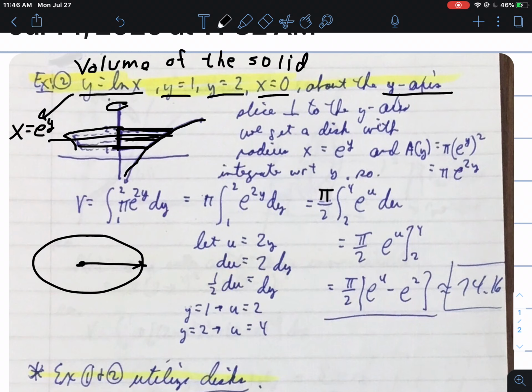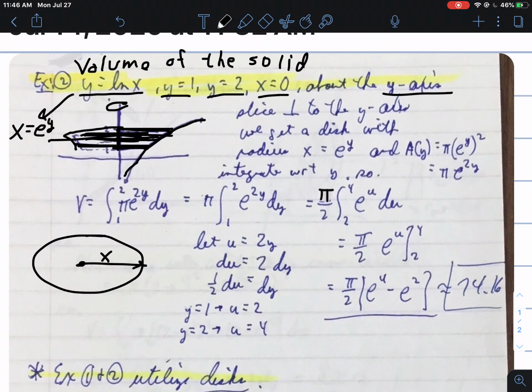And this is what I was alluding to earlier. Since I'm slicing this thing perpendicular to the y-axis, my radius is measured from the y-axis out. That's a horizontal distance, that's an x value. Now, since we're slicing perpendicular to the y-axis, we are stacking those slices vertically.